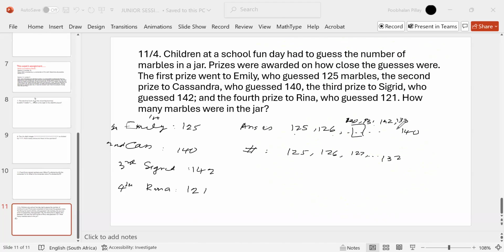Now, in all the other ones, the 133, 134 up to 140, right? You will see those numbers are greater than or equal to this. Yeah. So she came second.